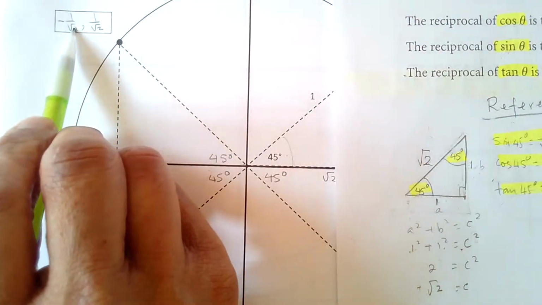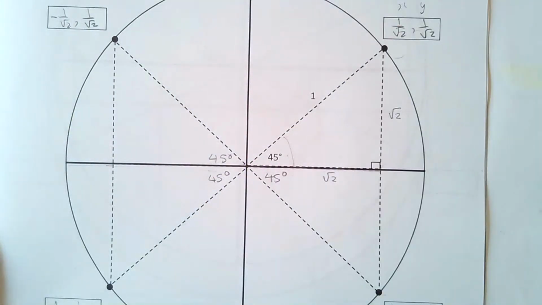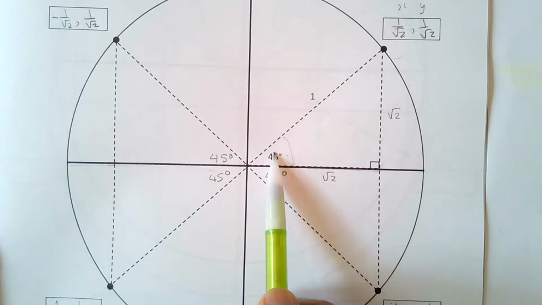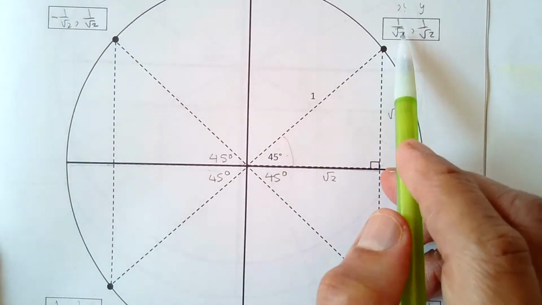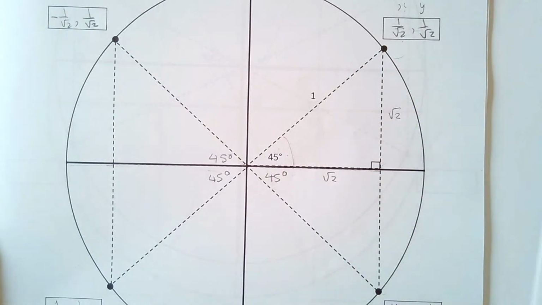So basically, if we look at this part here now, cos 45 degrees, which is x, is 1 over root 2. So here we have it.